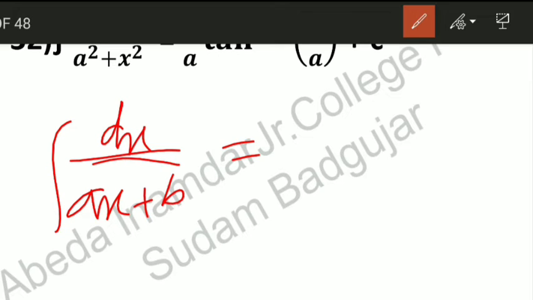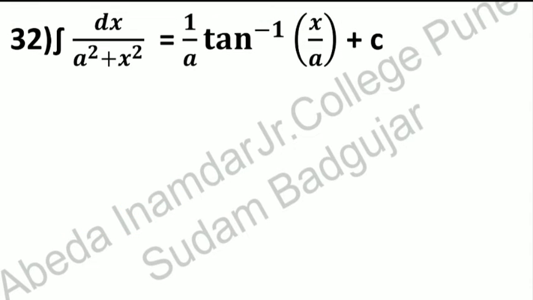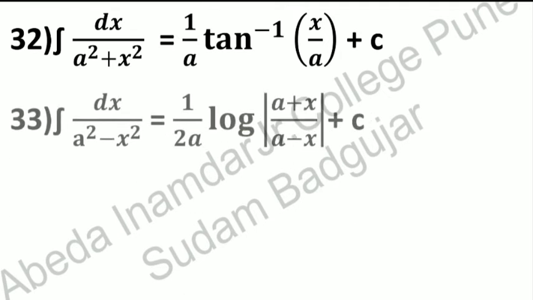Instead of linear, if it is a quadratic polynomial, where the coefficient of x square is either positive or negative, you must convert it into the previous standard form, that is dx upon x square plus a square, or a square plus x square form. See, these three are similar terms.